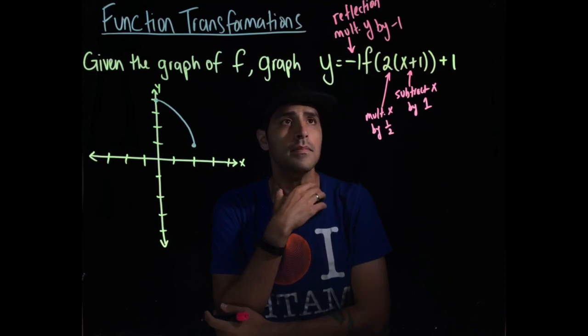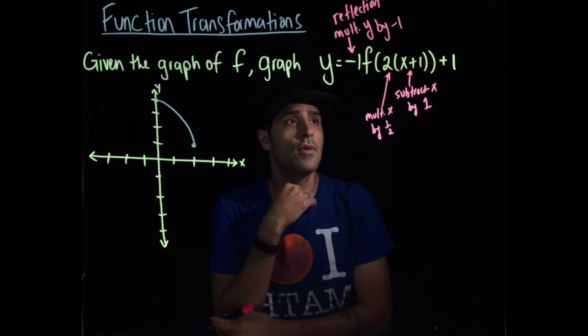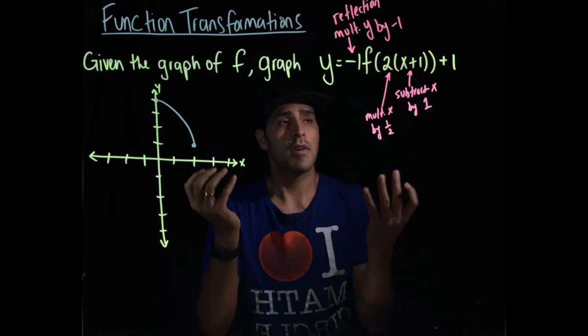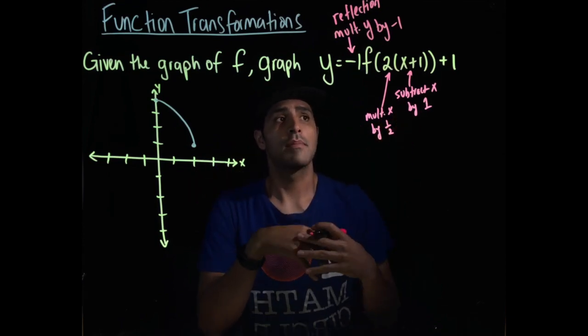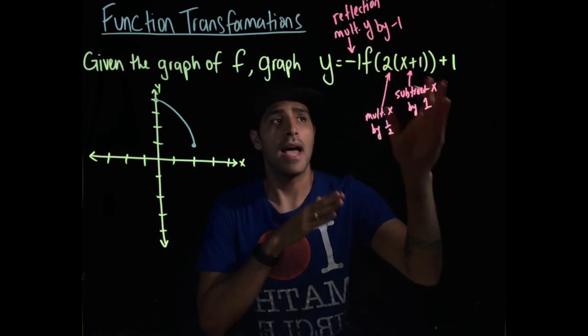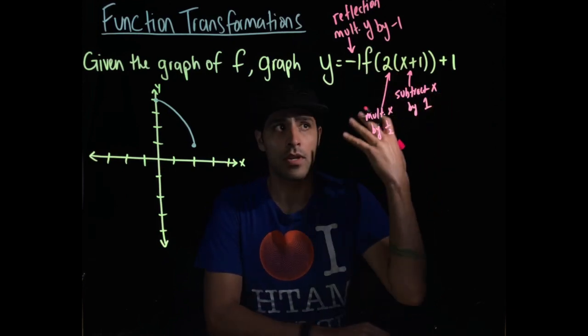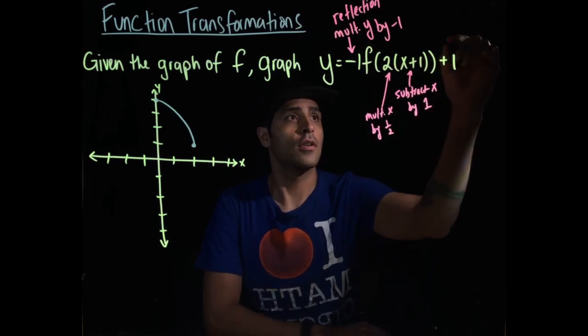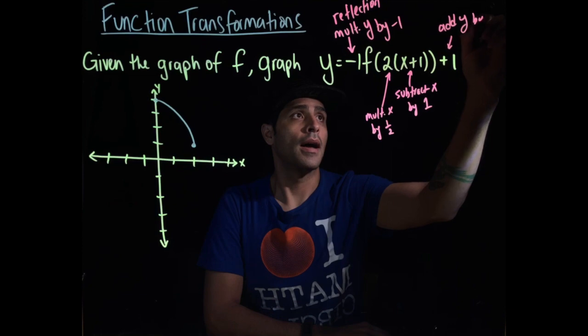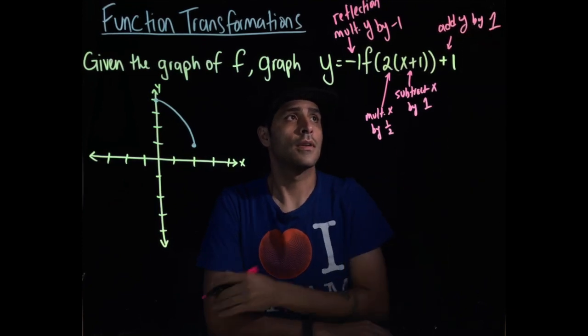All right, so we have that one. Here we have the plus 1. It's outside of the parentheses of my function, so I'm again going to be affecting the y value, and I see that I'm adding 1, and it'll do what you visually see. So we're going to add 1 to y.